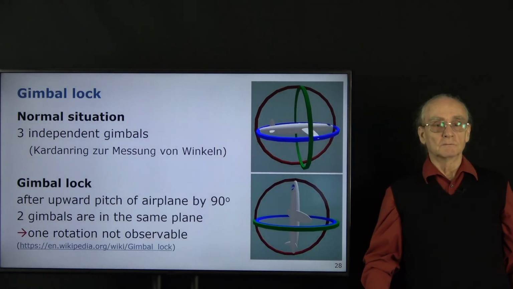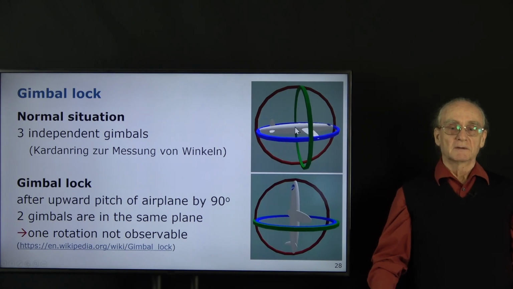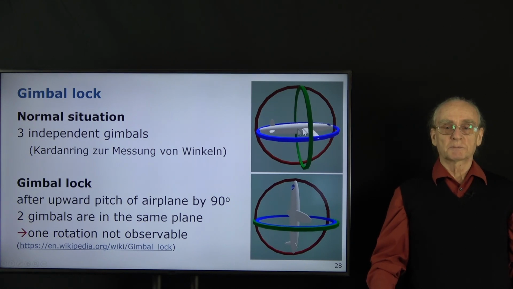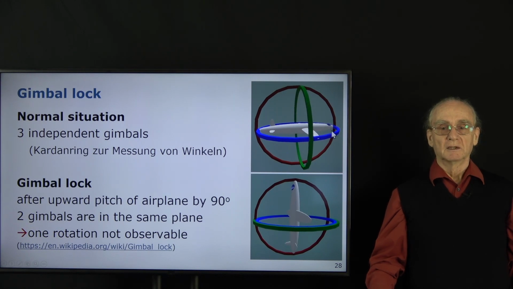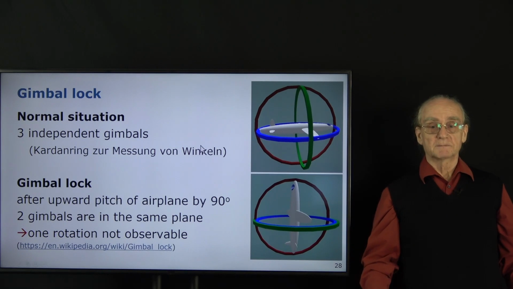So let's assume, to make this visual, we have an aeroplane moving in this direction. Internally it measures with a gyro the three angles around the three axes. So if this would be the first axis, we have a gyro, the green gyro, which works in this direction. The pitch is around this axis, and the yaw is around this axis, so there is no problem. Now let's assume the aeroplane makes a looping and is upwards. Let's assume the gyro goes with it and rotates also by 90 degrees.